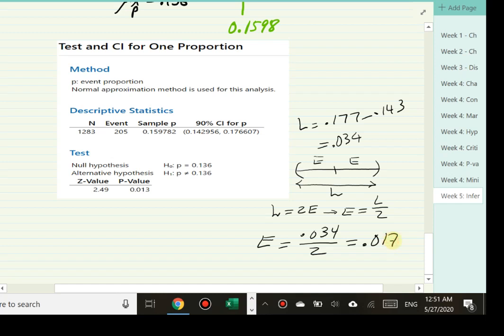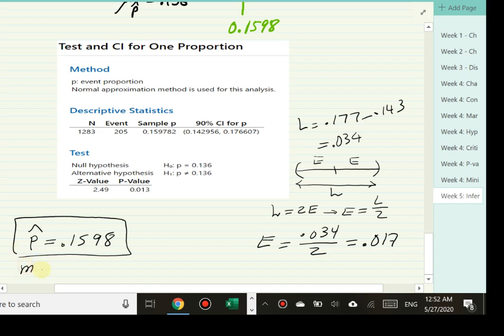That means we are 90% sure that the maximum error in estimating P. See, right now we're saying P hat from the sample is 0.1598, right? That's this number right here. Well, this number could be in error.